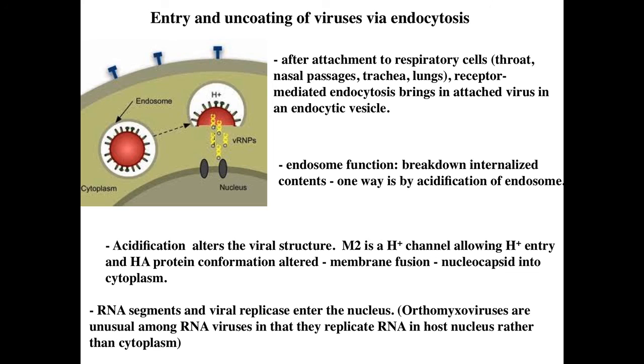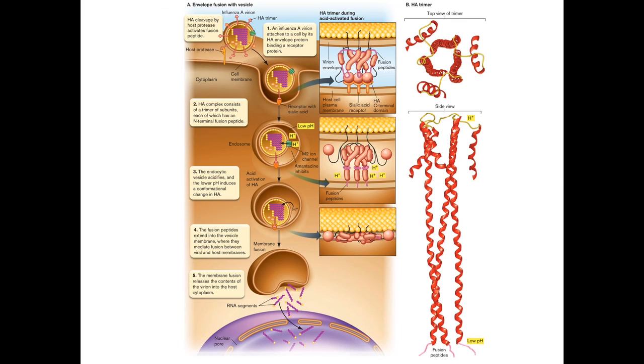M2, or matrix 2 protein, is actually a pore which will allow only protons to go through it. So now as protons get into that endosome, the M2 protein allows them to get access inside of the virus. So now the hemagglutinin is exposed both inside the virus and outside the virus to low pH. So that changes the conformation of that protein.